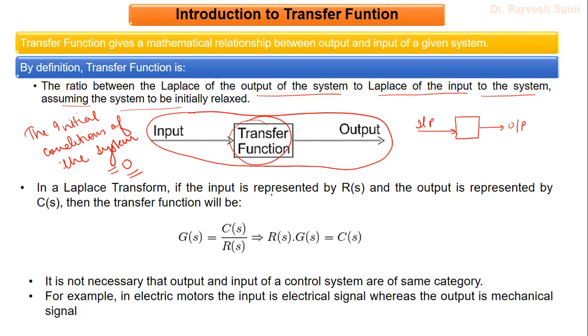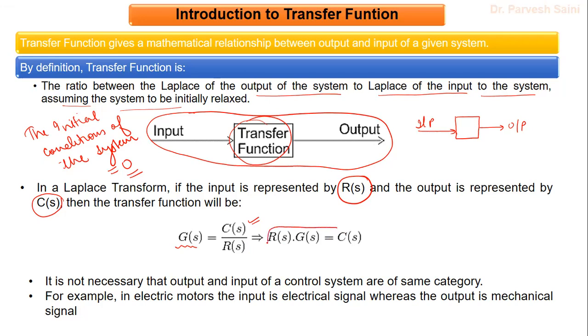Their nomenclature has to be used, right? In general, we will find in literature that the input to the system is represented by R(s), the output of the system is represented by C(s), and the transfer function is given by G(s), which is equal to the Laplace of output, that is C(s), over the Laplace of input, that is R(s). The ratio of these two gives us the transfer function.